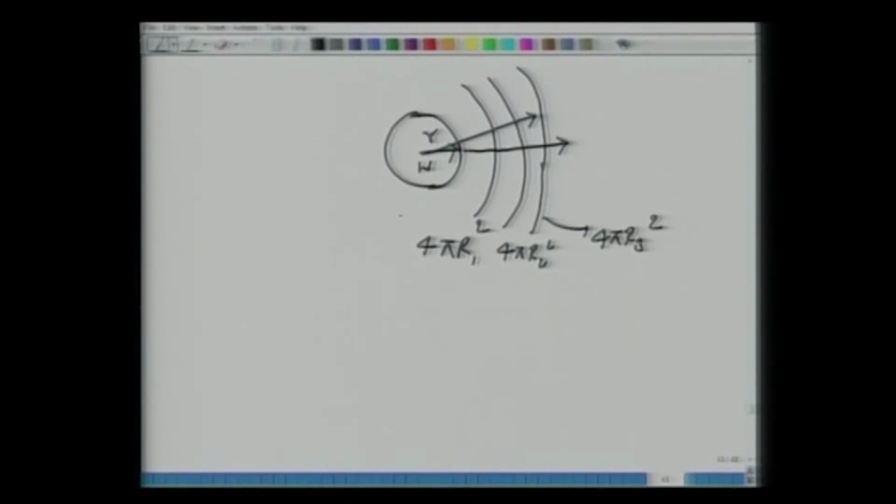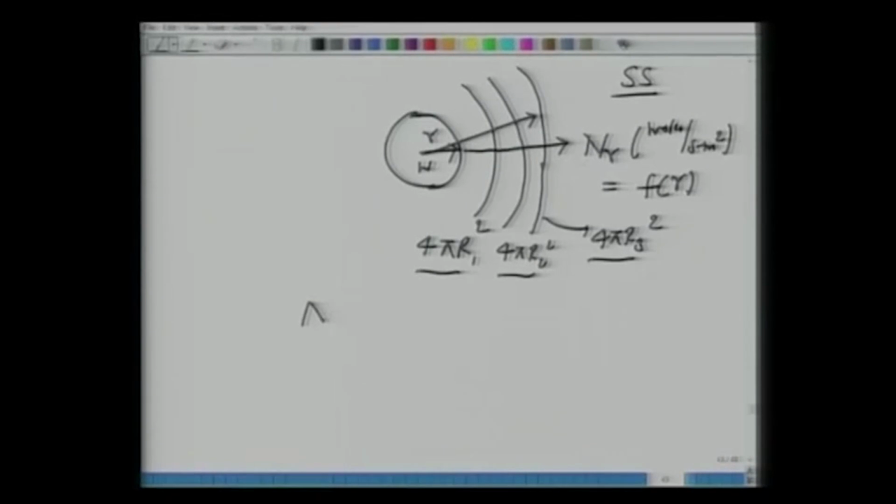We can still go back and apply the same expressions that we obtained earlier, but more important is we must realize that this N_r, moles per second per meter square, will be a function of R, although we are assuming steady state, because the very fact that the area itself changes.